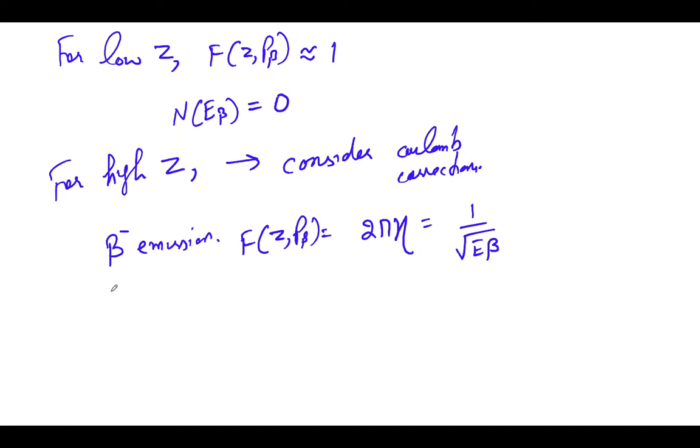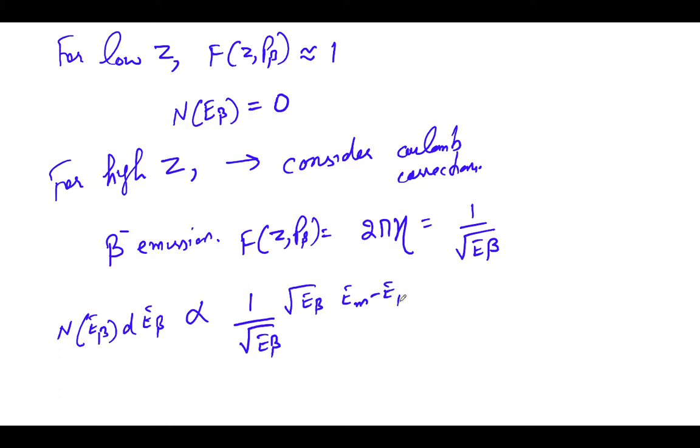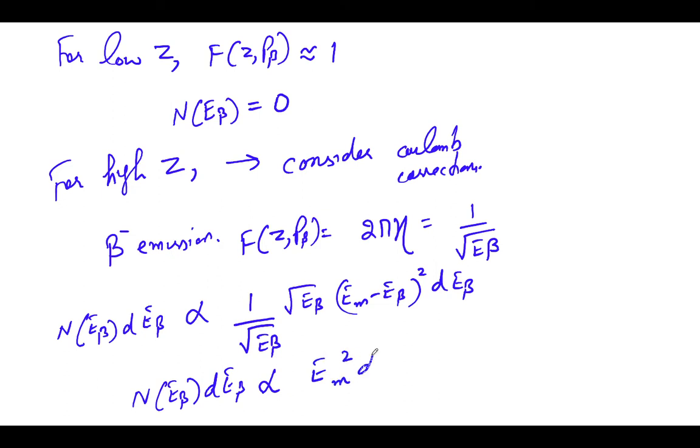So this equation, that is the number of beta minus particles being emitted per second, is directly proportional to, putting the value of this F of Z into under root of EB (EM minus EB) square into dEB. So what we get is N(EB) dEB is directly proportional to EM square into dEB.